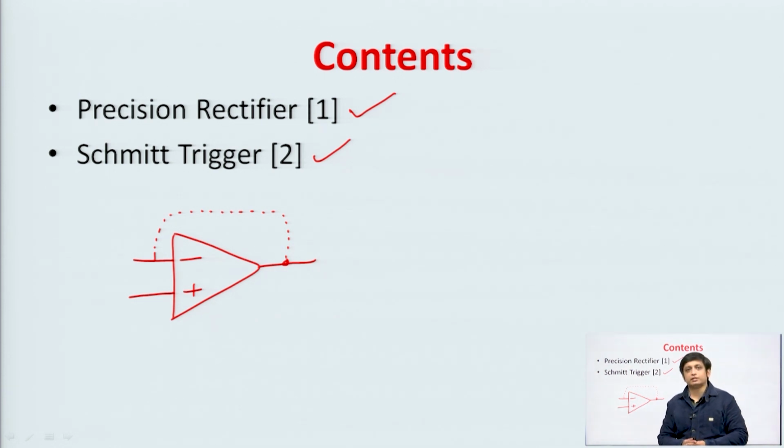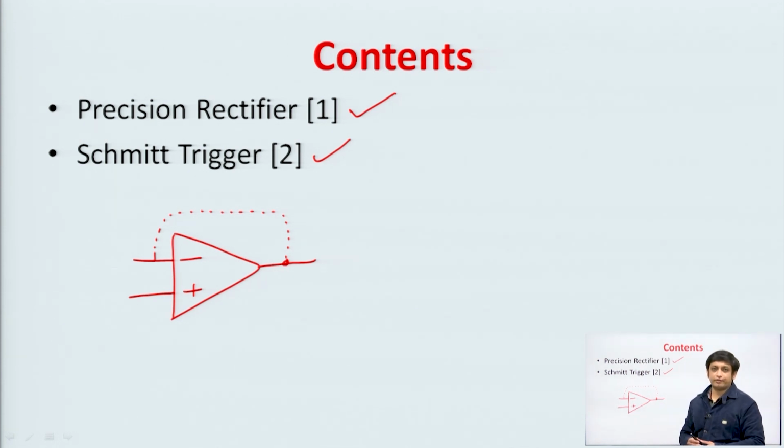And we had seen that in open loop configuration of op amp there are very limited applications, especially the voltage comparator. When we want to compare two voltages and generate the output voltage accordingly, we use a voltage comparator circuit, which uses the open loop configuration of op amp. But in closed loop configuration of op amp there are different applications.